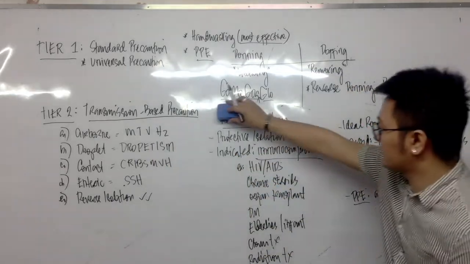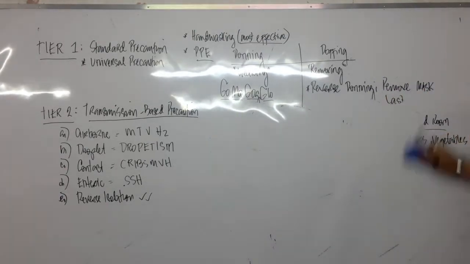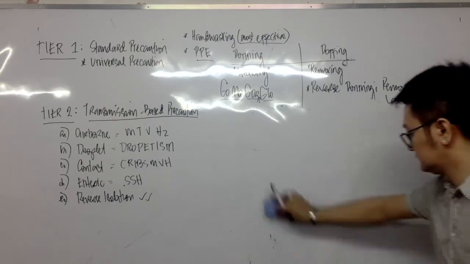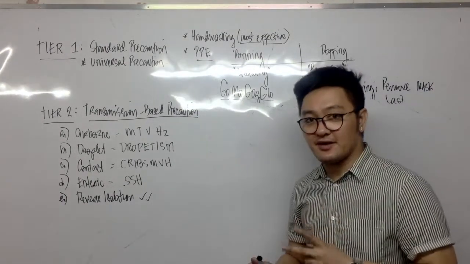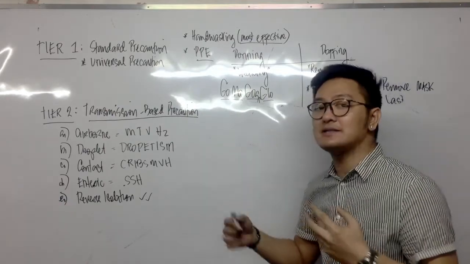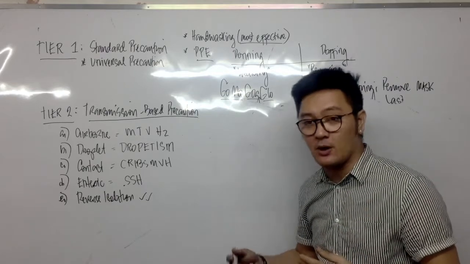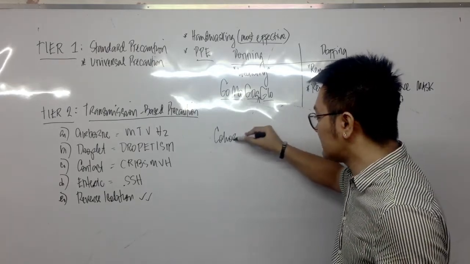Allow me to erase this, please. Now that you know the two tiers under universal precaution, please be reminded that the common question here is actually cohorting patients. When you cohort patients, it means that you group patients together.